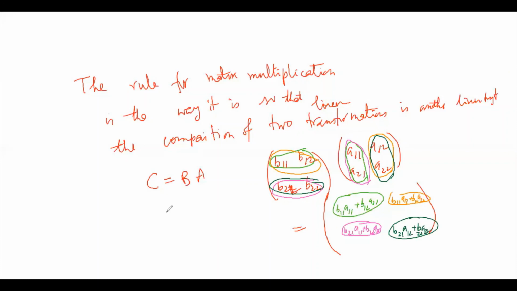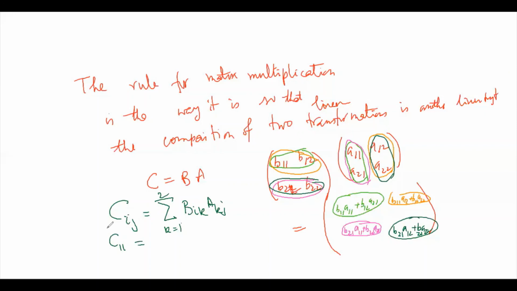So one way of writing this down is Cij equal to the sum over k equal to 1 to 2 of Bik Akj. So let's understand this. Suppose I put C11, i equal to 1, j equal to 1.